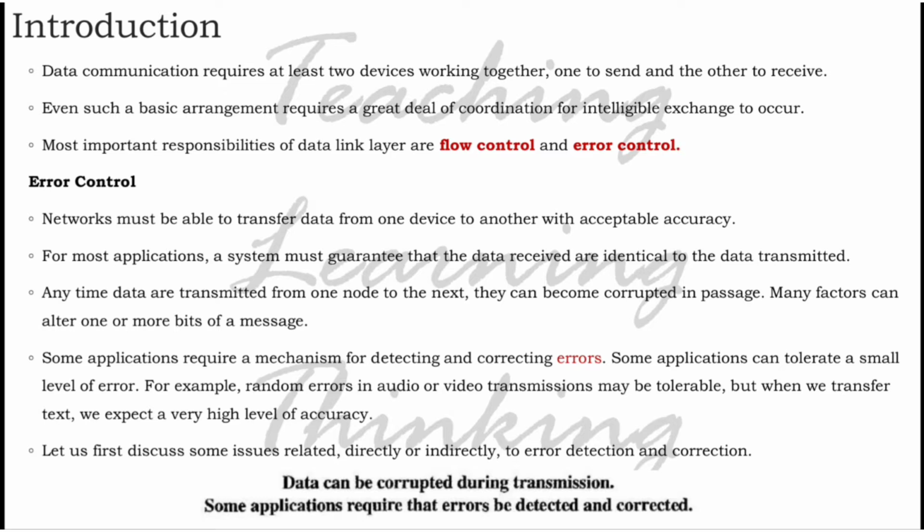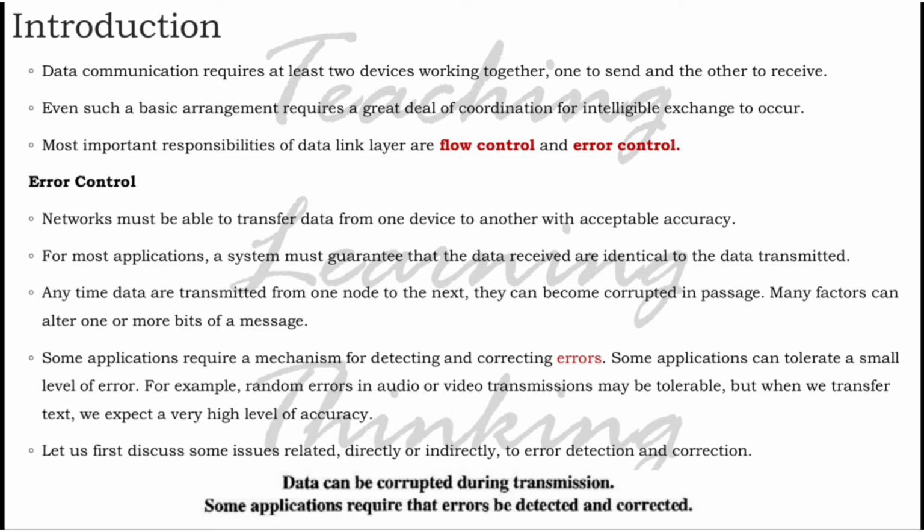The most important responsibilities of the data link layer are flow control and error control. We have already discussed flow control; I have two or three videos on it, with every protocol discussed in detail, so you can refer to those. Now we are going to discuss error control.